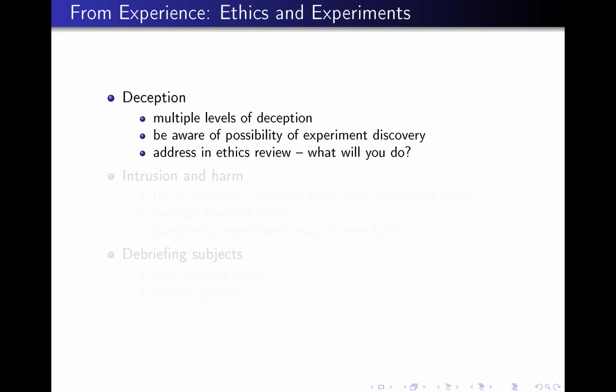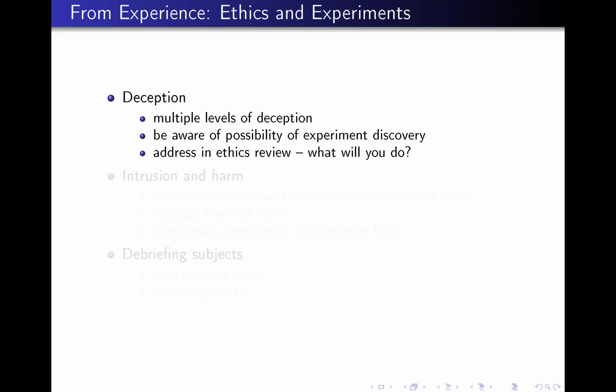There's the possibility always of experiment discovery, which is when whoever you're interacting with finds out that they're part of an experiment. At the lowest level, all that really does is change that N of one, essentially, and what the outcome would be. But in the worst possible scenario, they can figure out what's happening and take this up with your university.